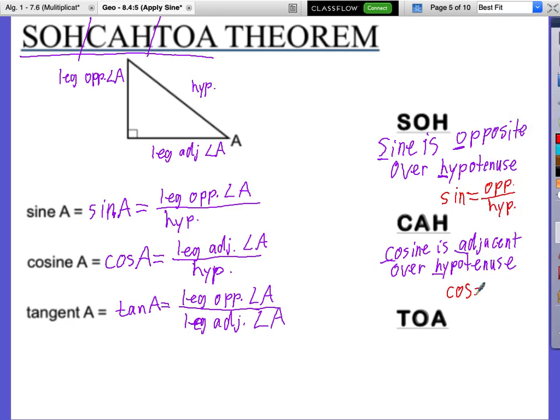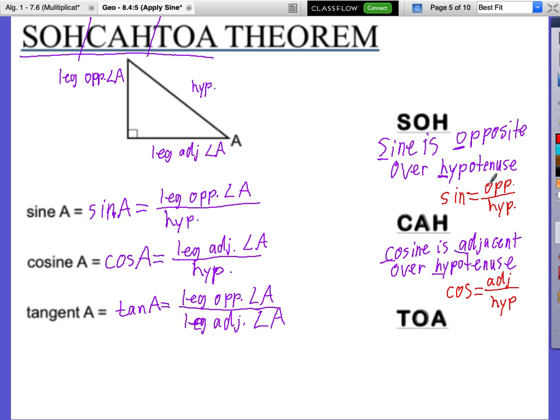Cosine equals, and we can just put adjacent, ADJ, over hypotenuse. If we look at this more abbreviated fraction, we can see in here CAH. If we read it left to right, C on the left, and on the right we go top to bottom, A over H, CAH.